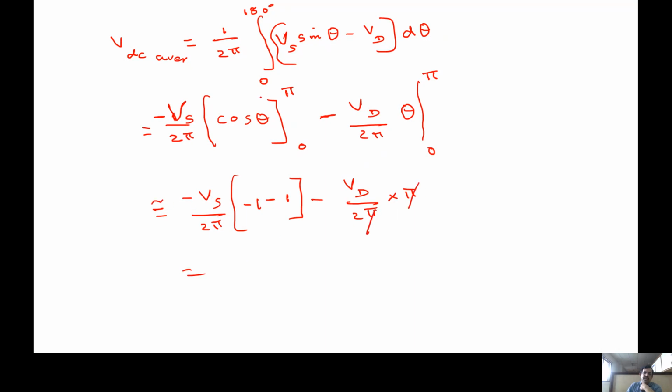Since I have assumed 0 and 180 degrees, the DC average output will be approximately, not exactly equal, so I have to put the symbol of approximation. There is a minus here and a minus 2 here, so minus of minus will be plus, and in the denominator there is a 2 here. So it becomes Vs by pi minus Vd by 2. This is the expression for V DC average.